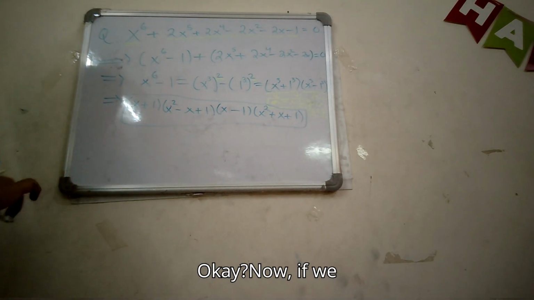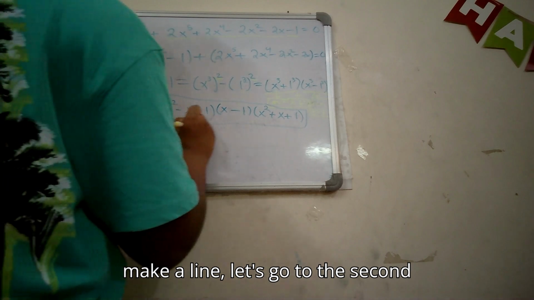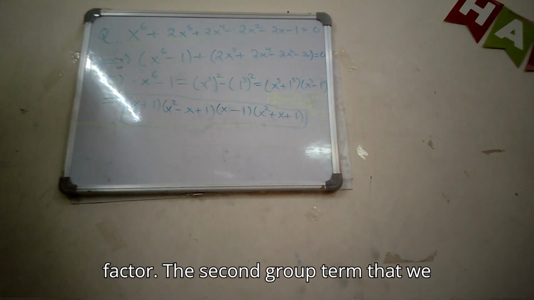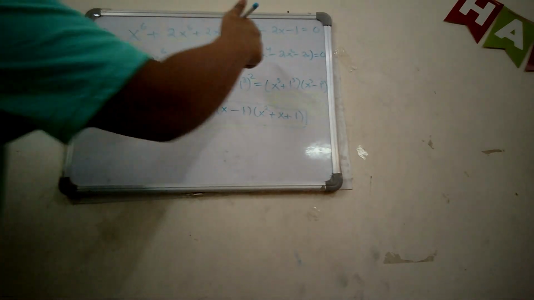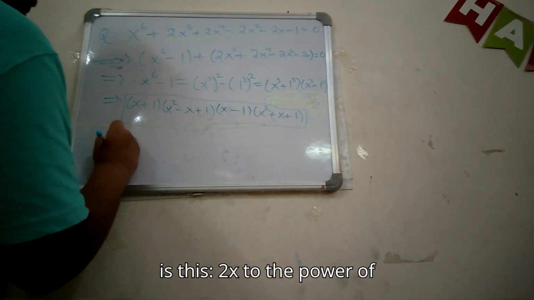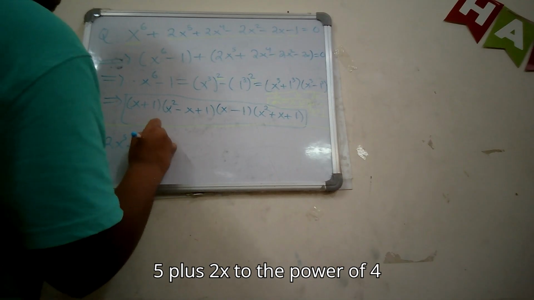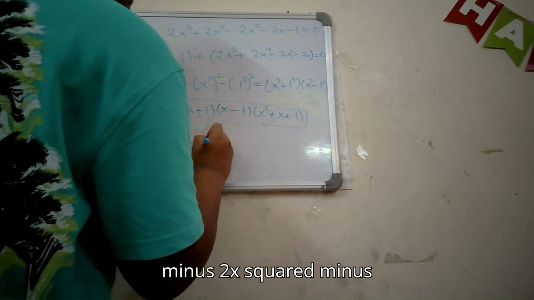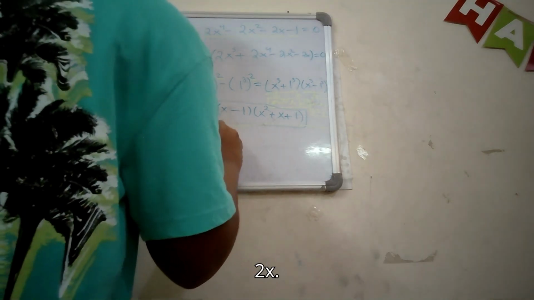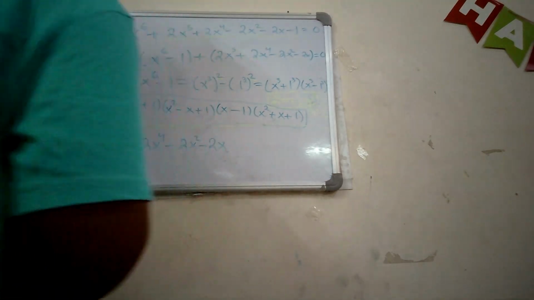Now, let's go to the second group term that we made. It is this: 2x to the power 5 plus 2x to the power 4 minus 2x squared minus 2x. Okay?